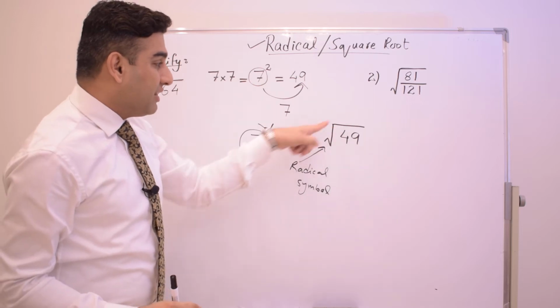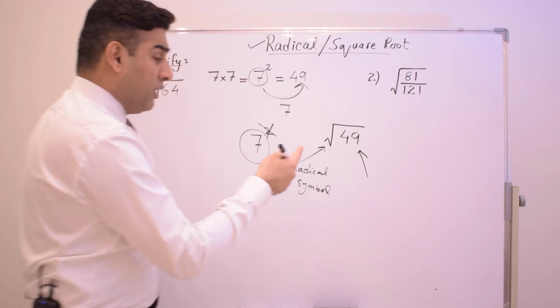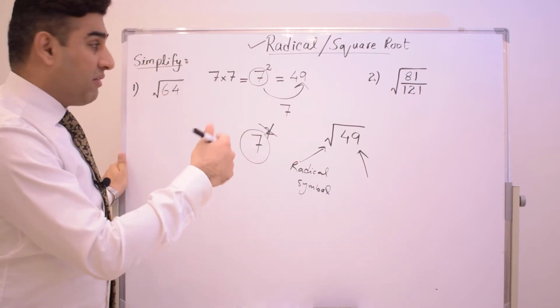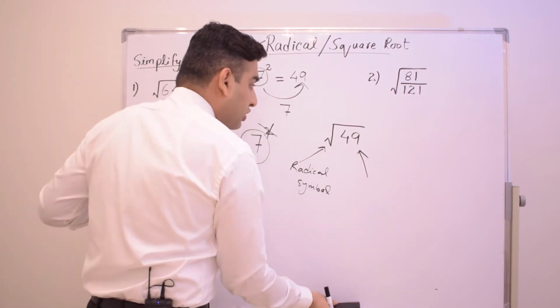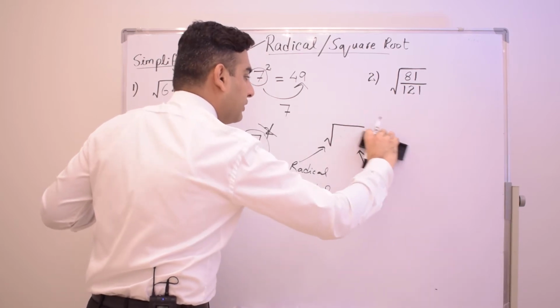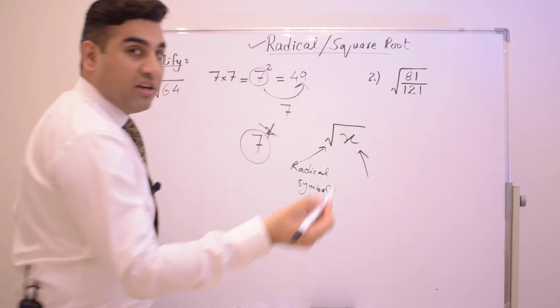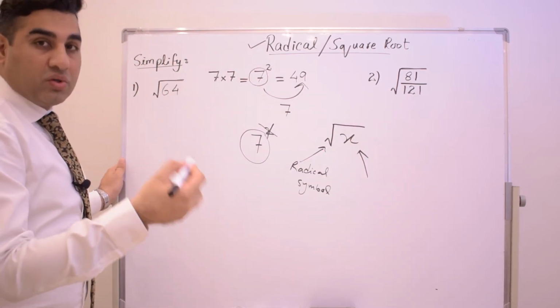Particularly I write 49, but if I generalize it, I will write x. So x is any number whose square root you want to find out.